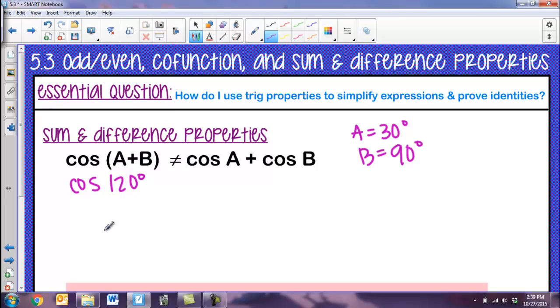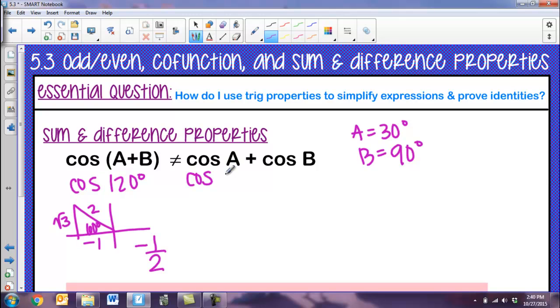And if I find cosine of 120 degrees over on the left side, remember 120 is over in quadrant 2, and it has a reference angle of 60 degrees. So when I write my unit circle and put out my ratios, this would be root 3, this would be -1. So the cosine of 120 would be adjacent over hypotenuse, and I would get that the left side is equal to -1/2.